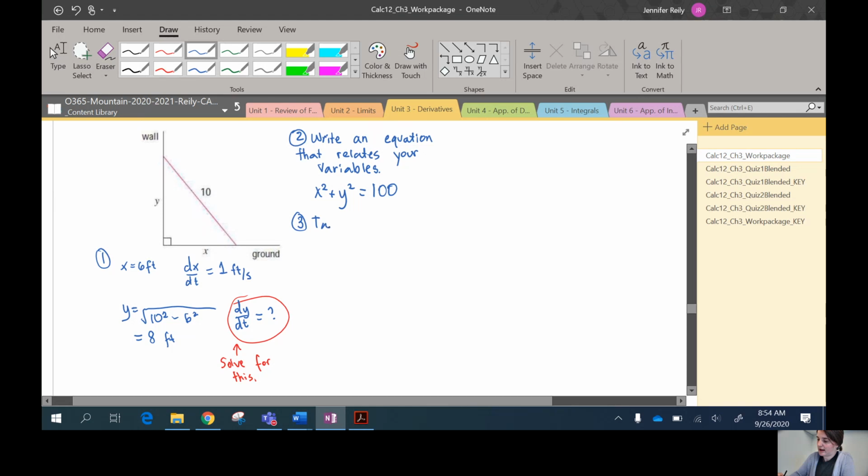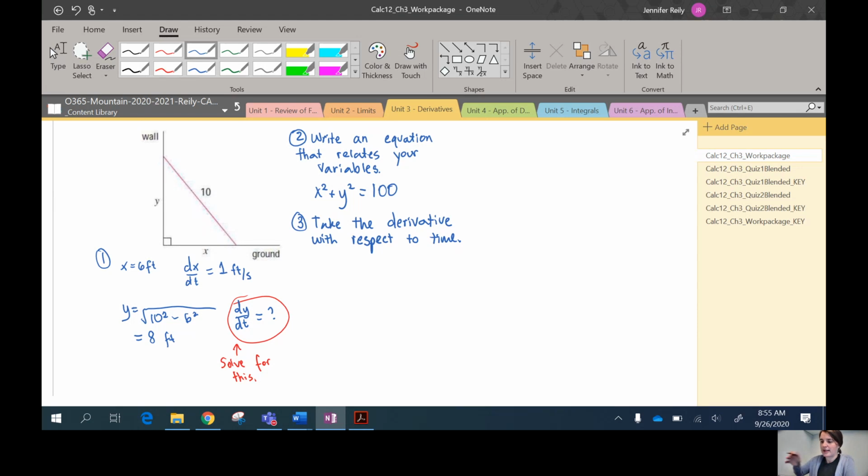Step 3 is take a derivative with respect to time. Because we want to find dy/dt, the derivative of y with respect to time, what we're going to do to this equation is take the derivative of both sides with respect to time, because then dy/dt will pop up in there and we can solve for it.